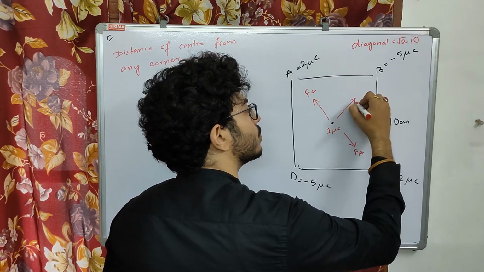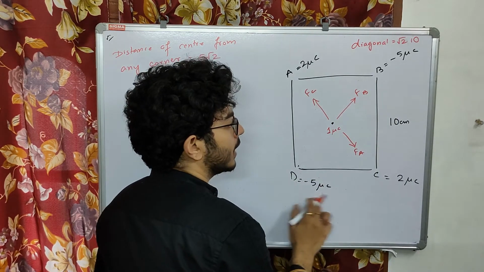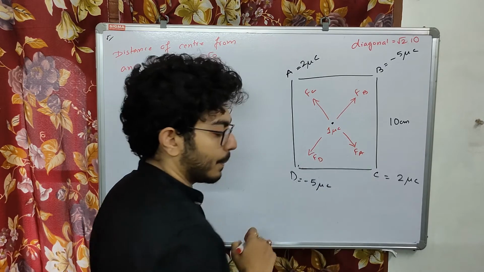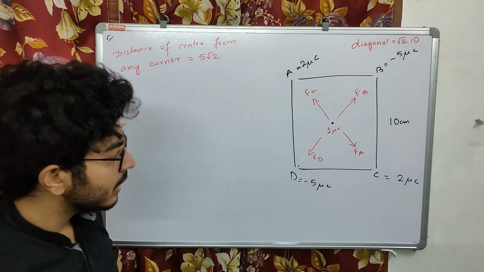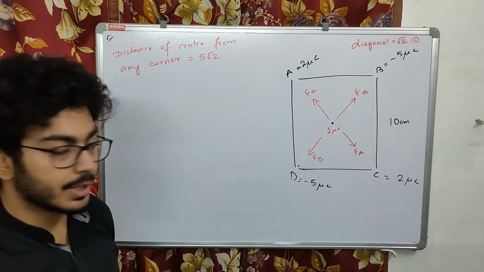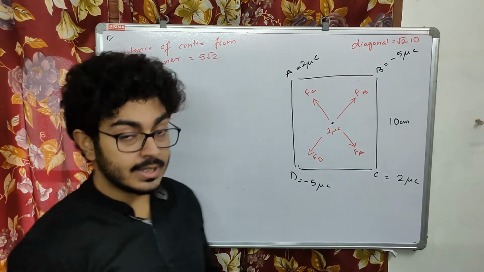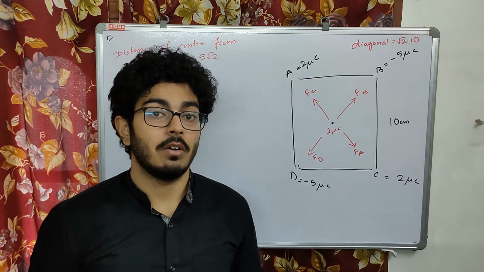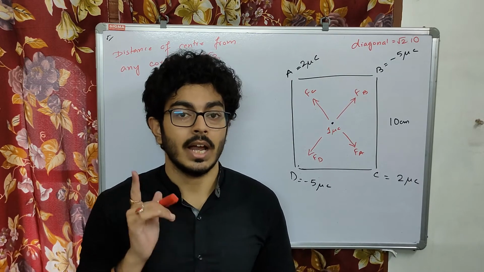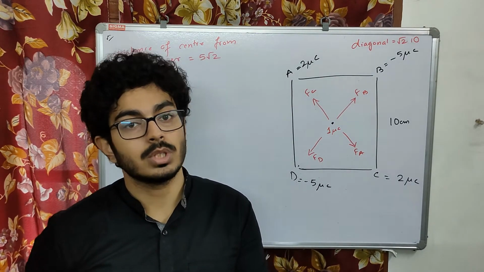This is the force due to B. And this is also a negative charge. This is the force due to D. So from here, what will be the scenario? Now we are going to use vectors. We are going to use our vector knowledge here. That's why I told you in class 11, vectors and calculus are the most important part.